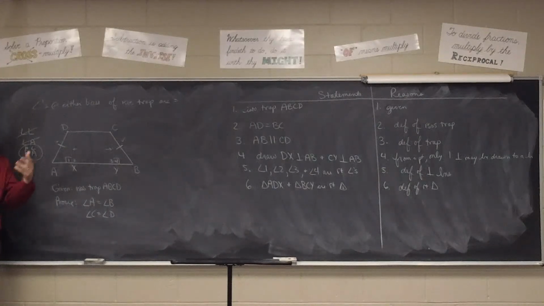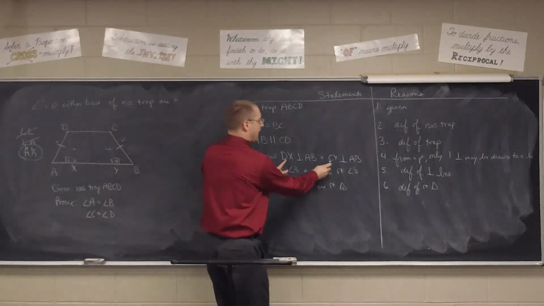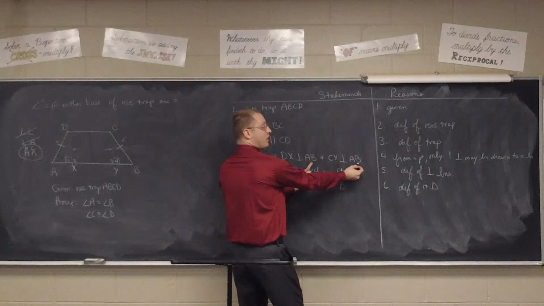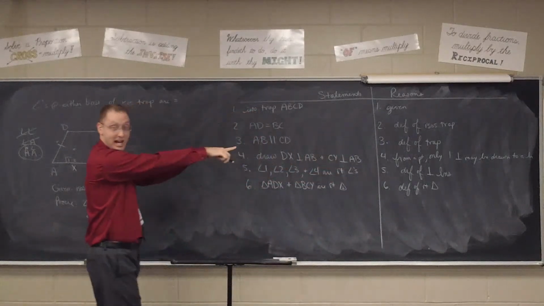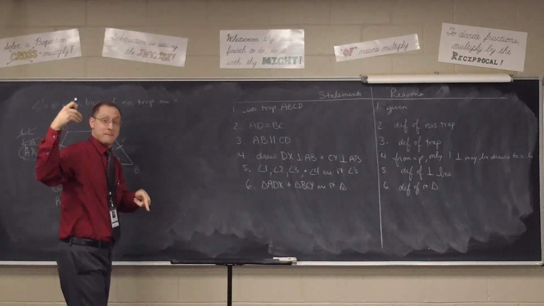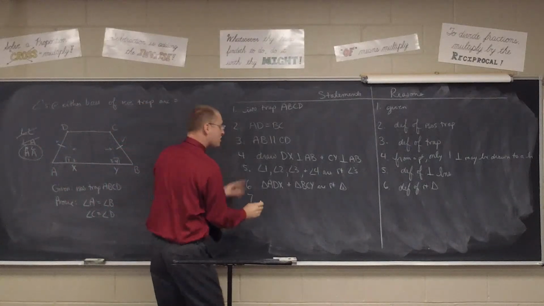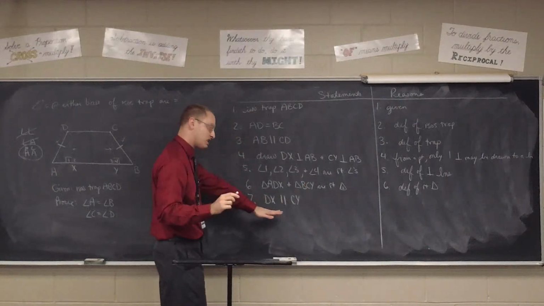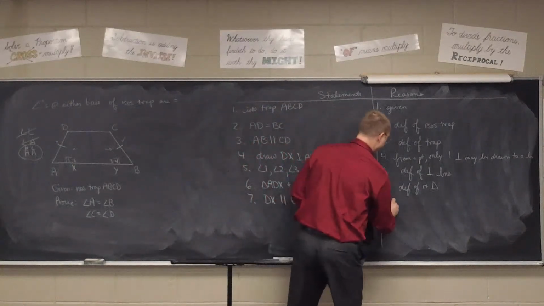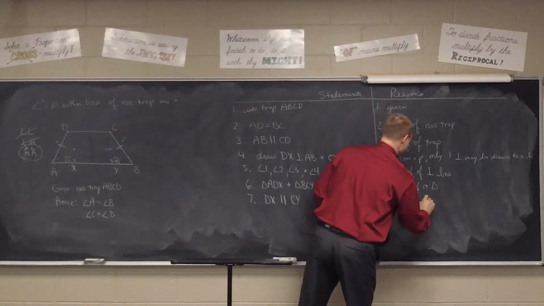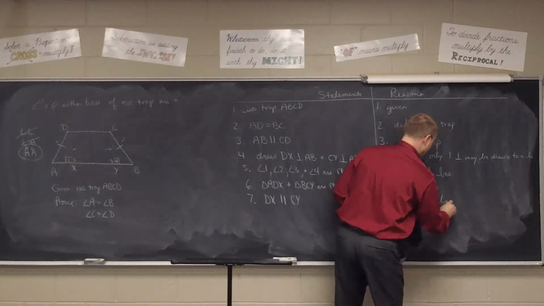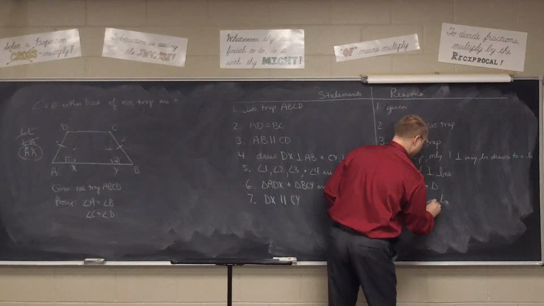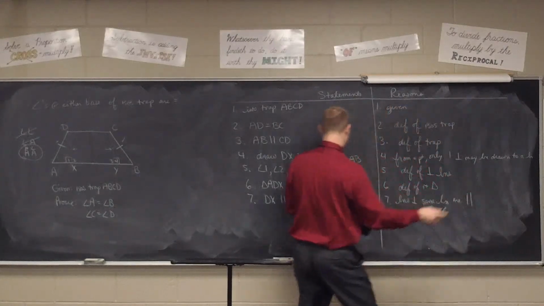I think what you're trying to say is that lines perpendicular to the same line are parallel. Yeah, so I do know that dx is at least parallel to cy. Now that's not the same as saying it's equal, but dx is parallel to cy because lines perpendicular to the same line are parallel.